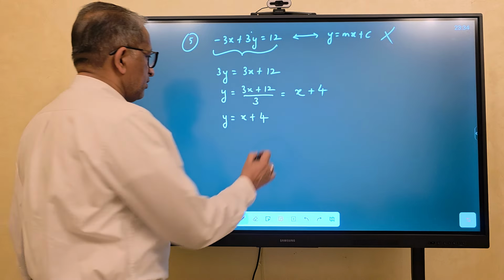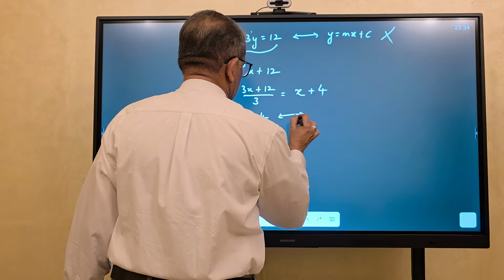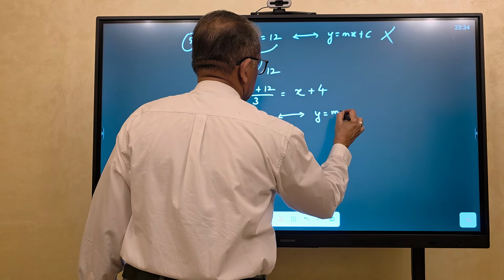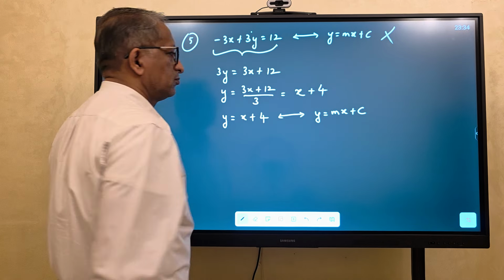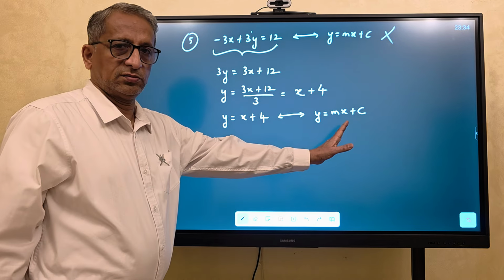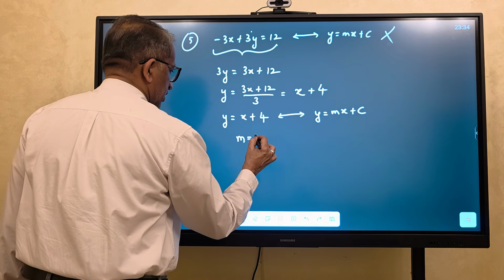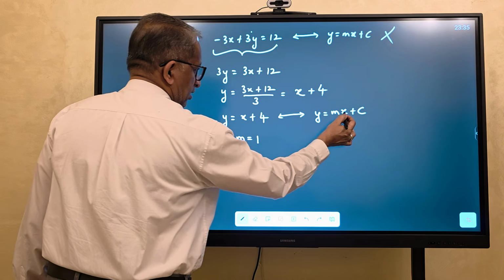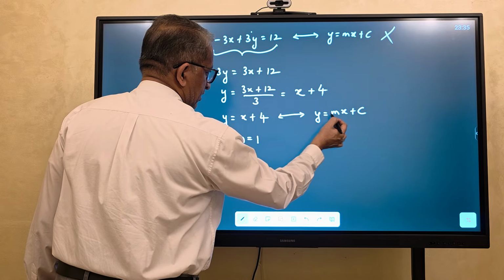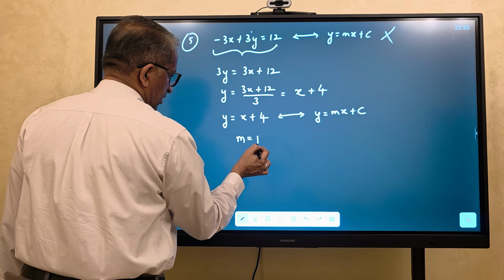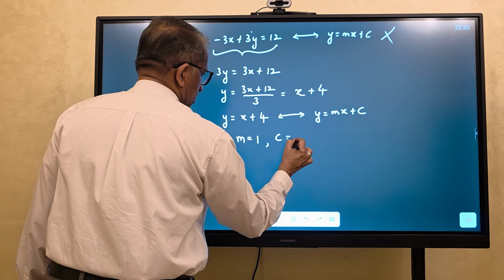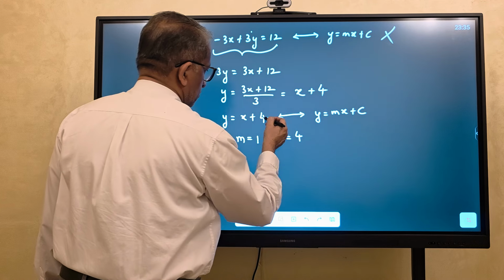Now I can compare this with this. Because they are similar. So when I compare it, I will get 2 values. What is m? It is 1. No number with x means m is 1. What is c? It is 4. Plus 4.